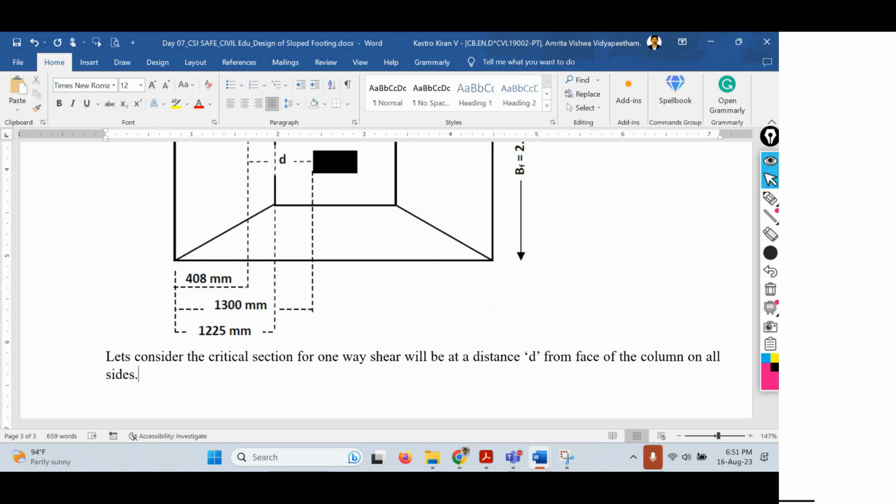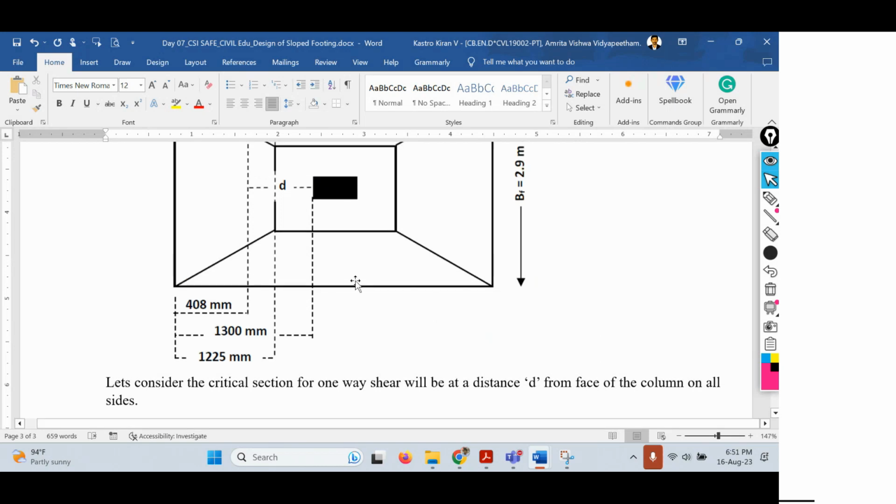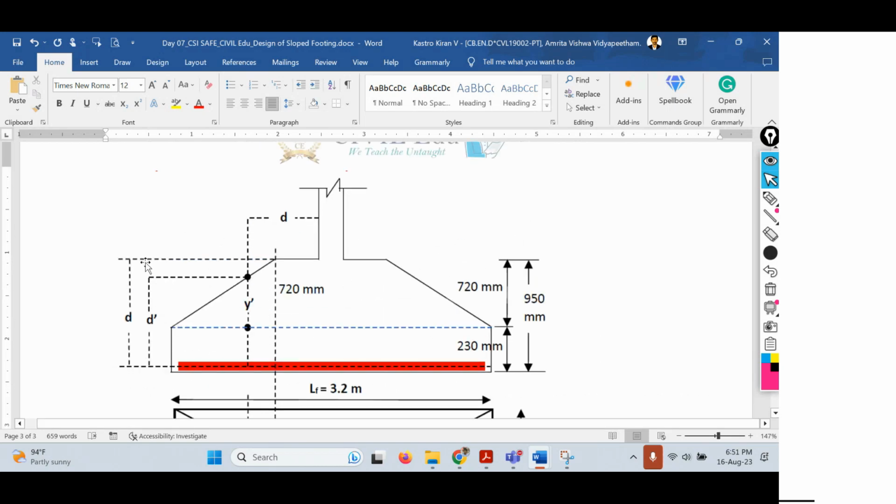This is how we are going to get the critical section. So here the critical section d equals, we have to find this value.